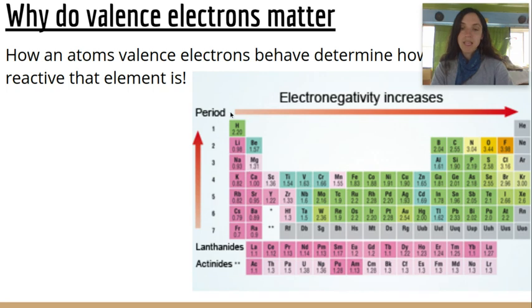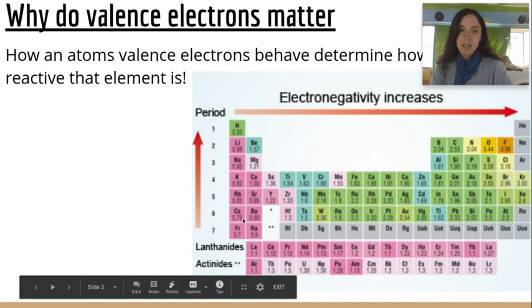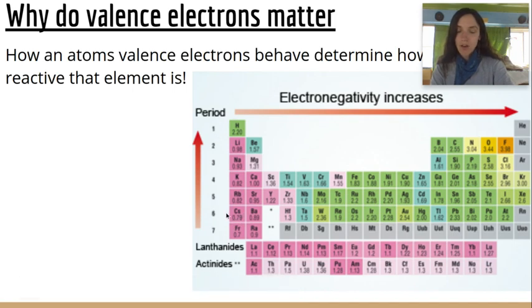It also increases as you go from left to right, so beryllium is less electronegative than nitrogen. That means nitrogen is a little bit more likely to react than beryllium. Lithium is highly reactive because it's here at the top. It's very electronegative and more likely to react with another element than cesium, which is down here.